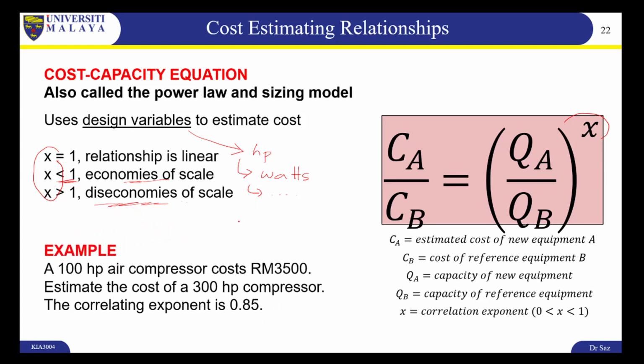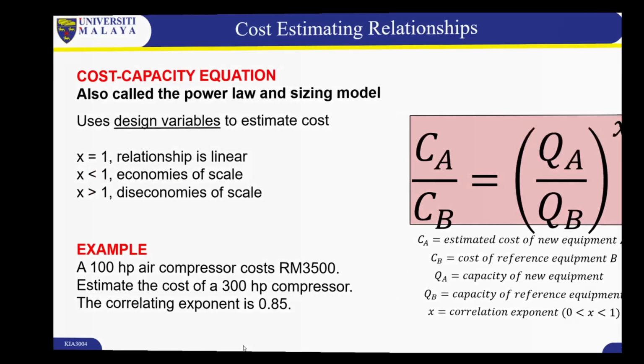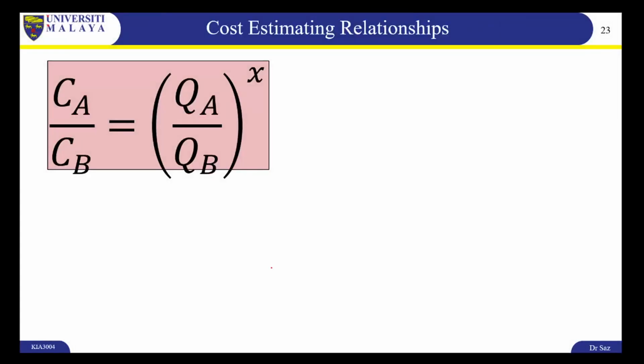Now let's look at an example again. Here, a 100 horsepower air compressor costs 35,000 ringgit. Estimate the cost of a 300 horsepower compressor. The correlating exponent, or x, is 0.85. Let's do the example here. So C of 100 horsepower is 3,500.